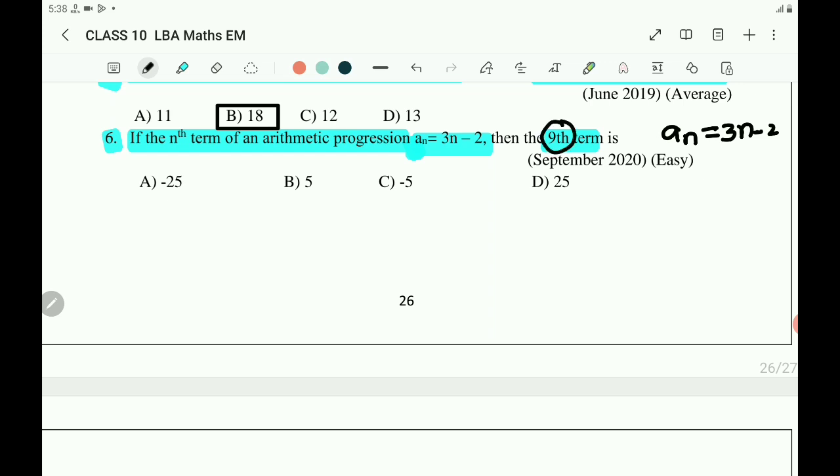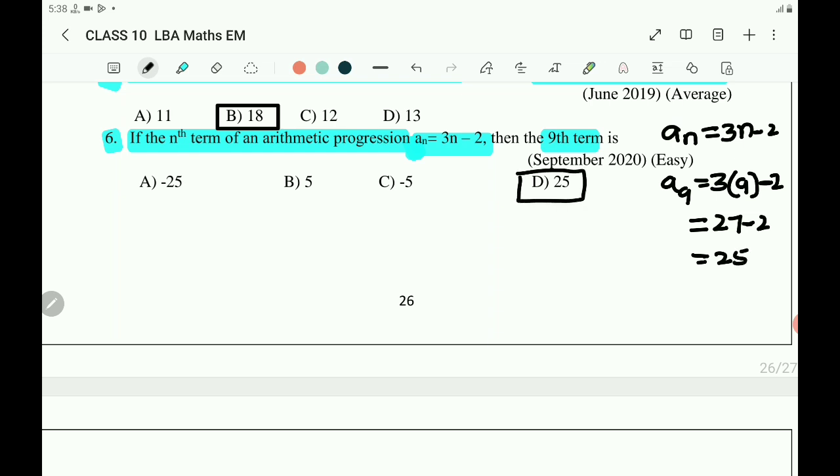Which term we have to find out? Ninth term, so a9. In the place of n, write 9. That is 3 into 9 minus 2. Then 3 nines are 27 minus 2. 27 minus 2 is 25. So, what is the answer? Option D, 25 is there. It is the answer.